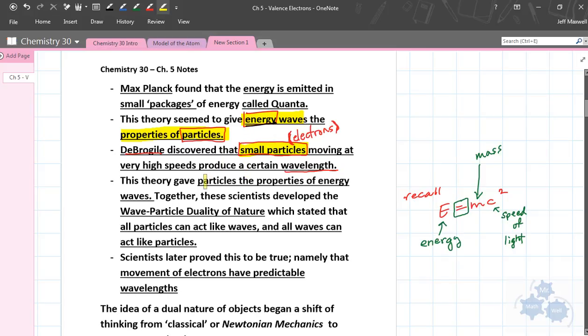So particles have the properties of energy, and this brought us to the wave-particle duality of nature, which says that particles can act like waves. And if you remember in the Physical Science 20 class, we were talking about water waves and sound waves and different things like that.